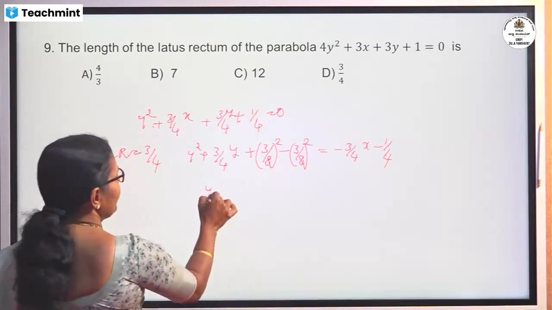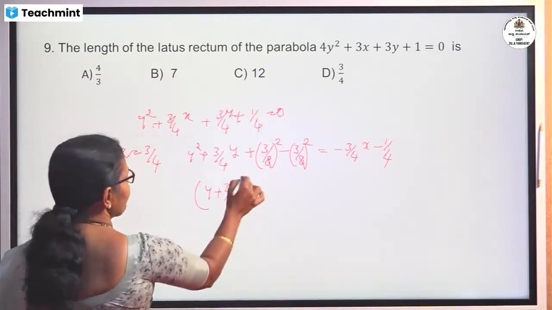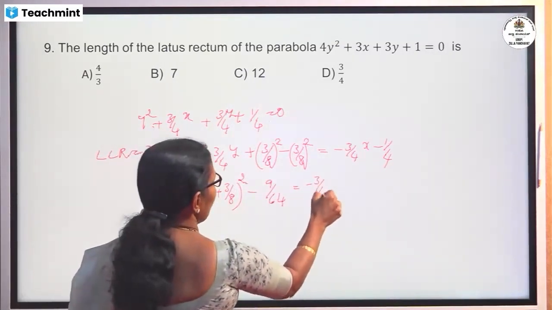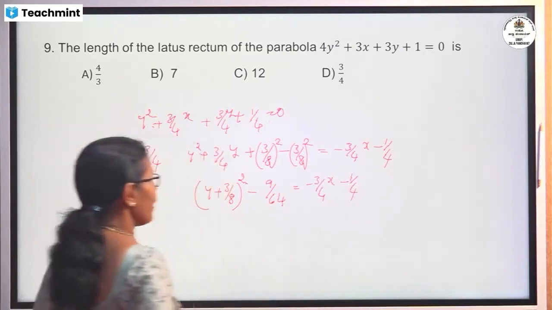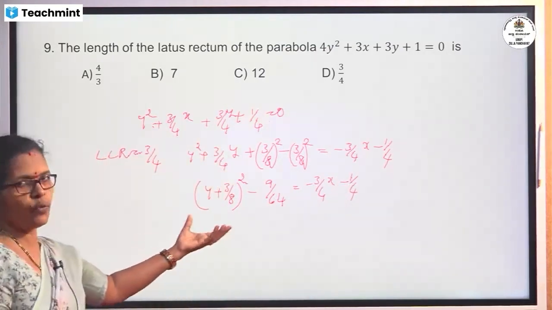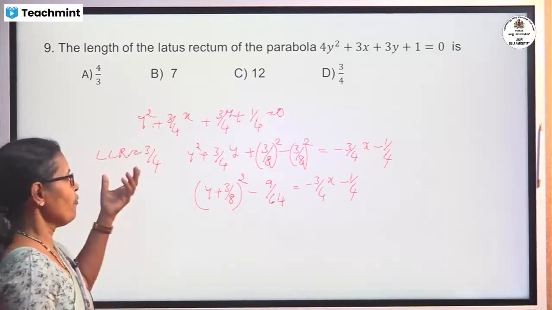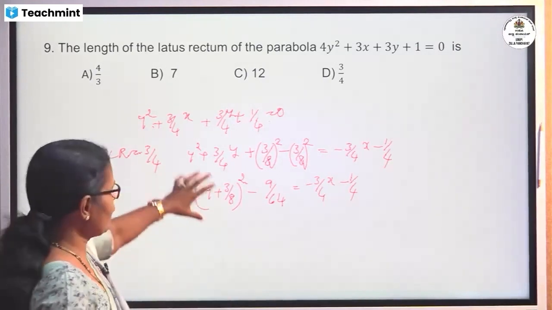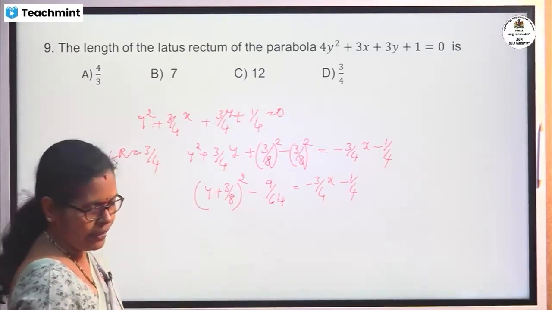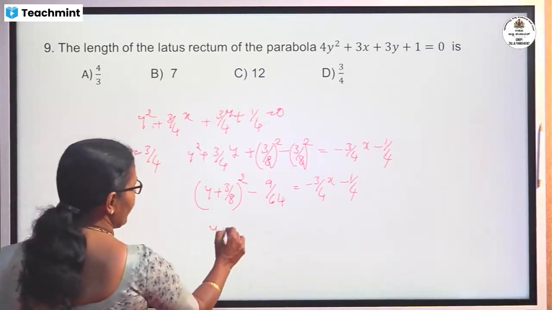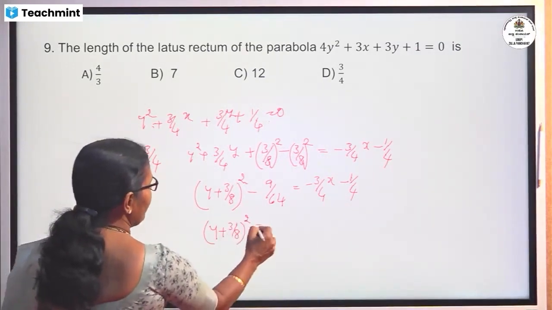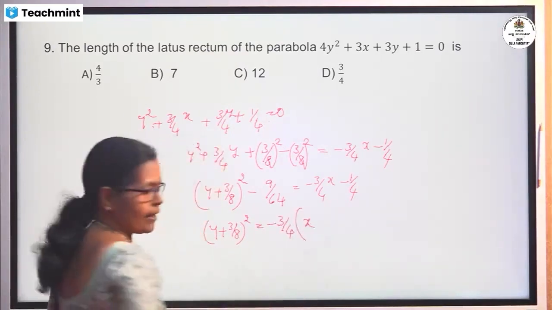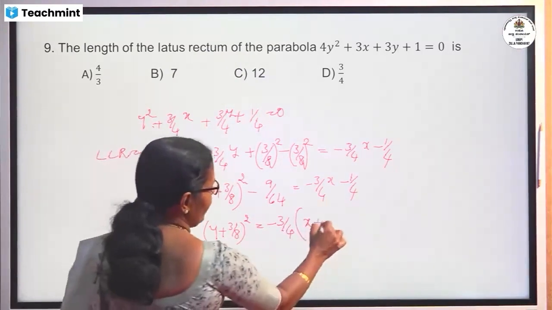Now here we write y plus 3 by 8 whole square minus 9 by 64 equal to minus 3 by 4x minus 1 by 4. Like that, by completing the square, we find the length of the latus rectum. Finally, when we simplify this equation, we get y plus 3 by 8 whole square is equal to minus 3 by 4 into x plus 7 by 48.